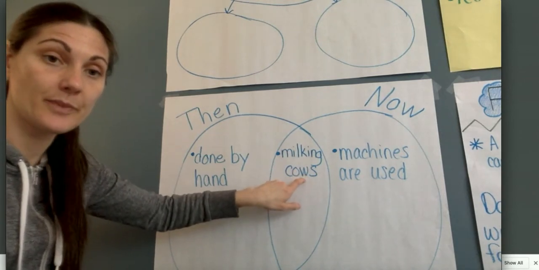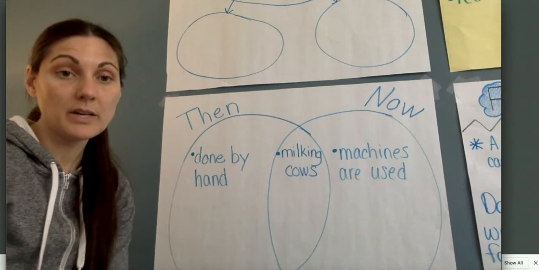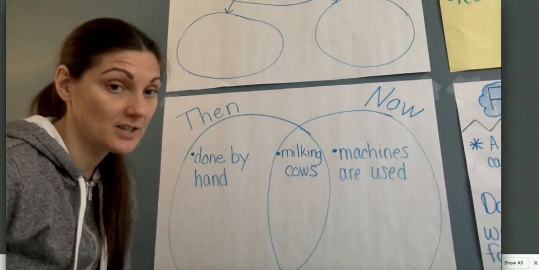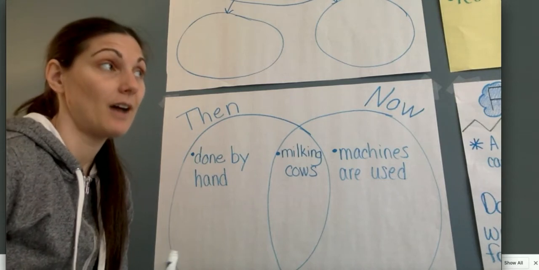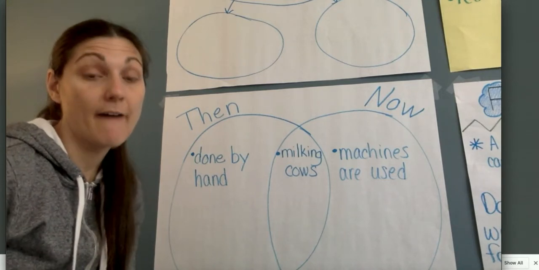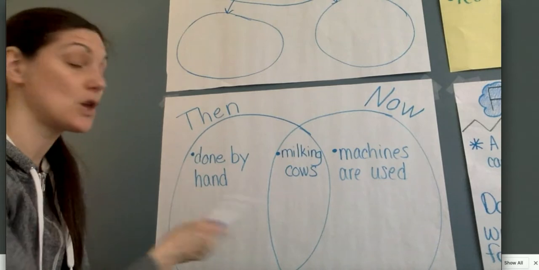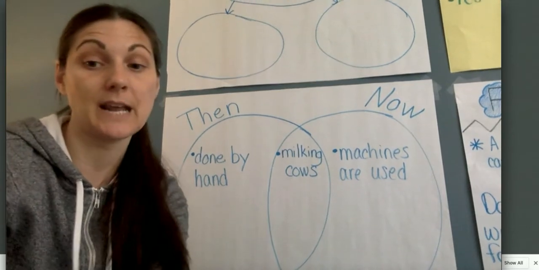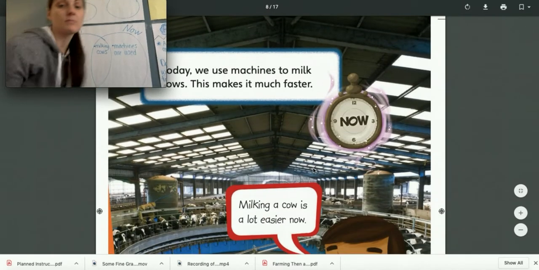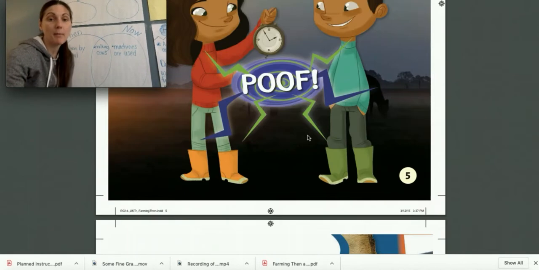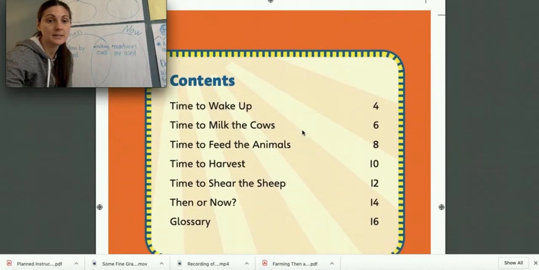Okay. So I'm going to go through and read another section to you. And this time I am not going to give you the answers. All right. I'm going to ask that you think about it and that you write in your own answers. And then this will be the work that you can upload for me. Okay. So let's look. I'm going to go back to my table of contents.